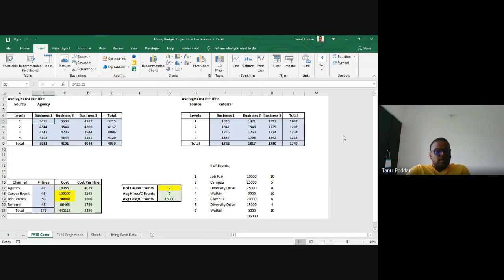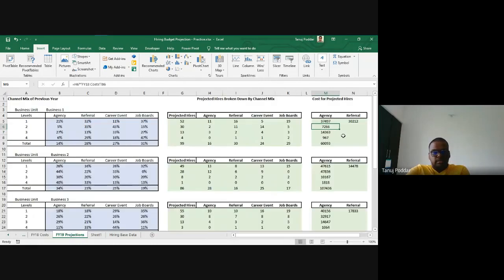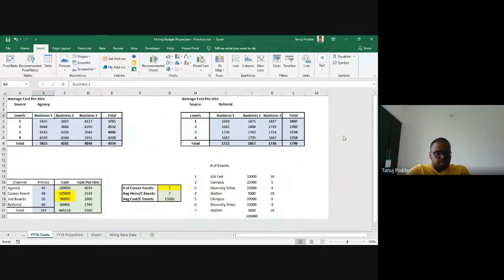Since there is another level of variation, we are doing this calculation, because this 4039 is also coming out of a particular mix between the business and levels that we hired last year, in FY18.